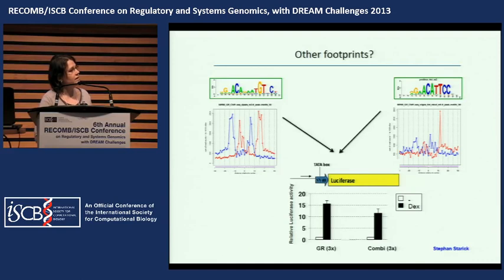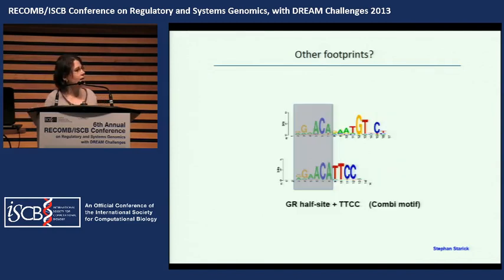And he showed that if you add the glucocorticoid, then you obtain a signal from the GR motif, but also from this motif. So this motif is actually responsive to the glucocorticoid. And this motif can be aligned on the right side here, so it looks like it could be a GR half site followed by this TTCC.